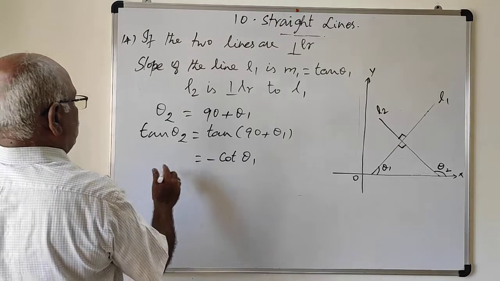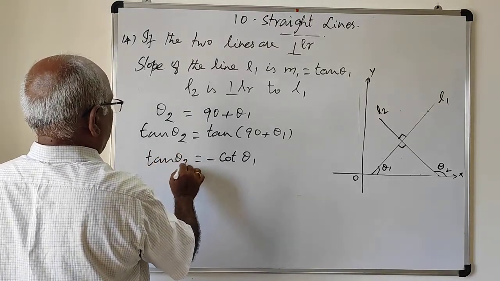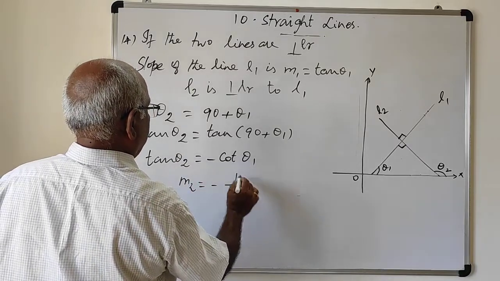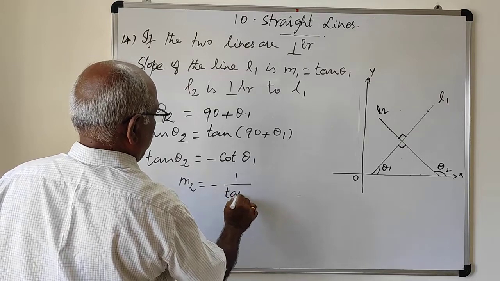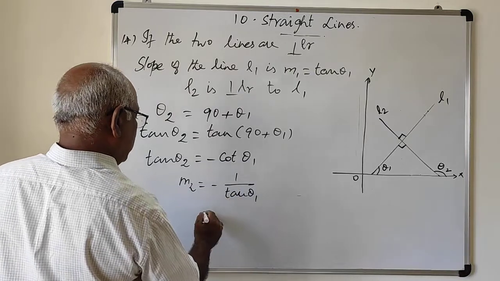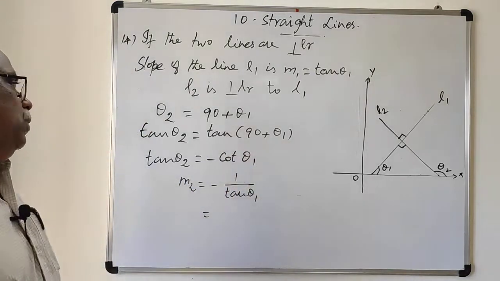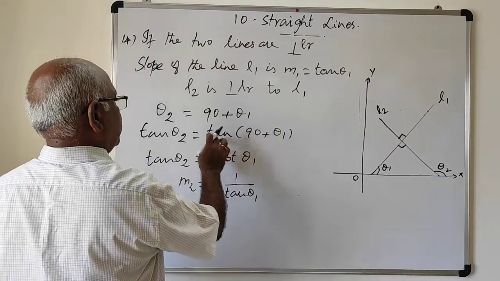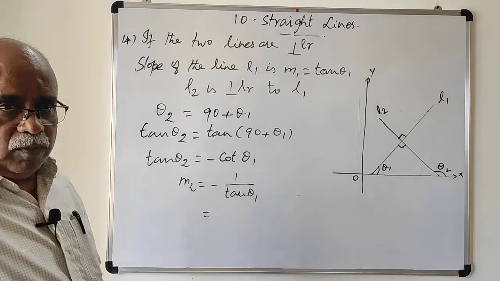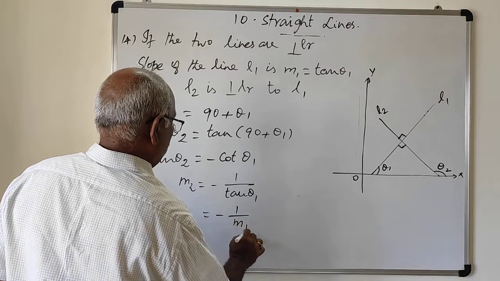So tan theta 2, I can call it M2, equals minus cot theta 1, which I can write as minus 1 by tan theta 1. The minus sign is there because tan is negative in the second quadrant. That is minus 1 by M1.